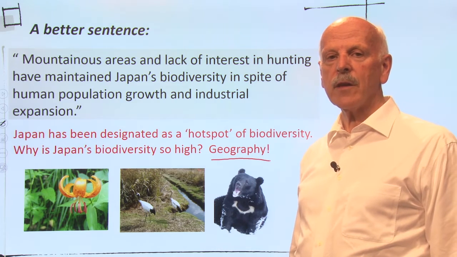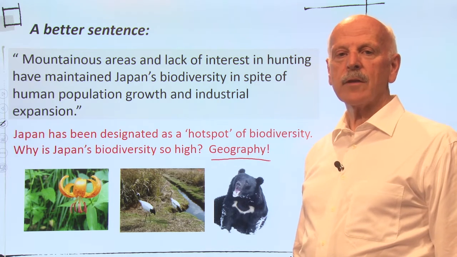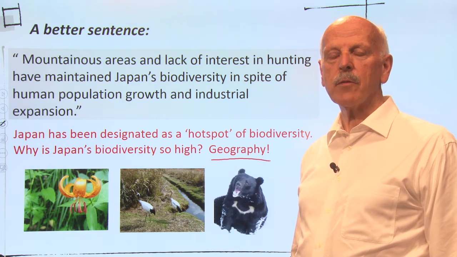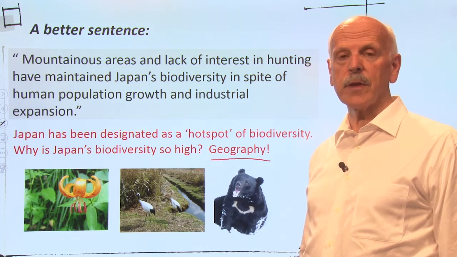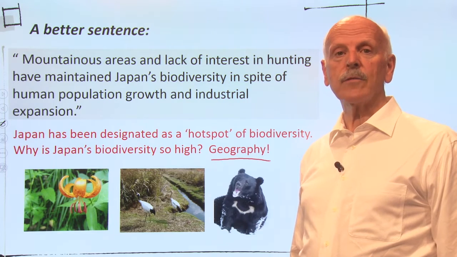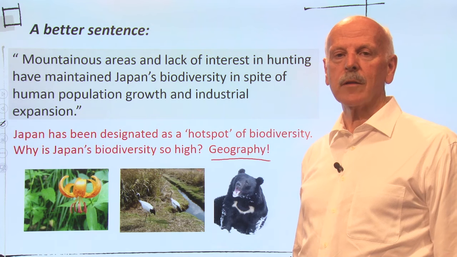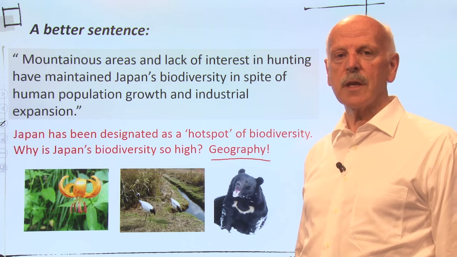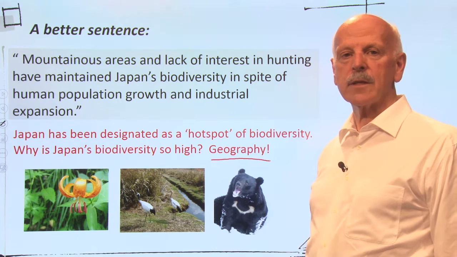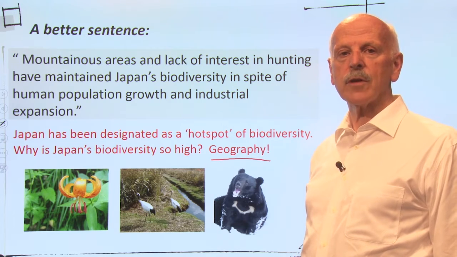Japan is a string of islands that ranges between about 22 degrees north of the equator and 46 degrees north of the equator. And it also has a range of elevations as well, because there are lots of mountains in the string of islands. And so Japan has a huge biodiversity.